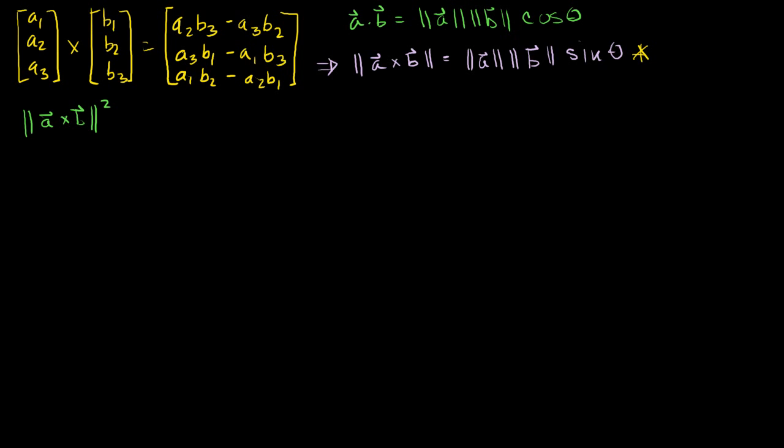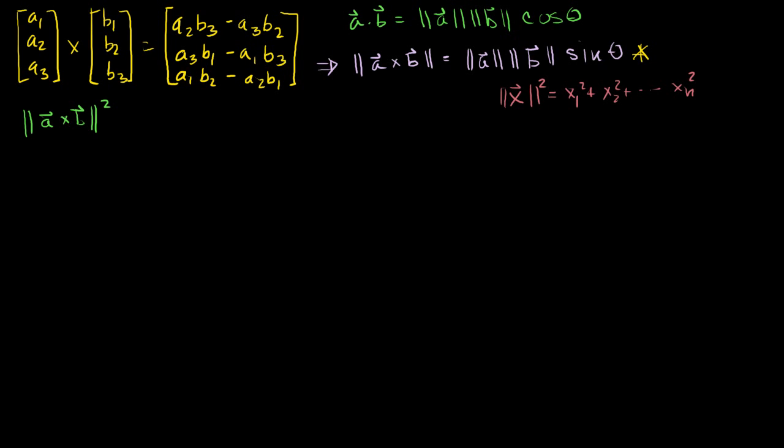And we saw in many videos, and I've used this idea multiple times, that if I have some arbitrary vector and I take its length squared, that's just equal to that vector dotted with itself, or the square of each of its terms summed up, all the way to xn squared. So what will this be equal to? Well, we only have 3 components, so it's equal to the sum of the squares of each of these components.